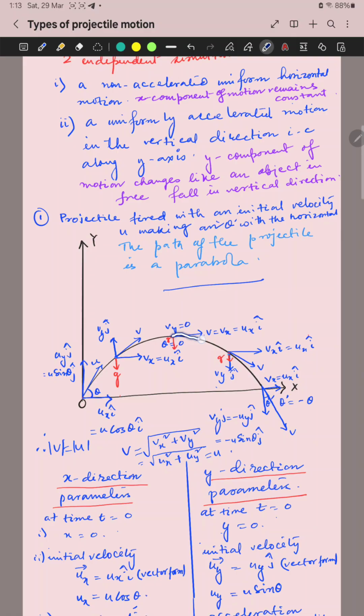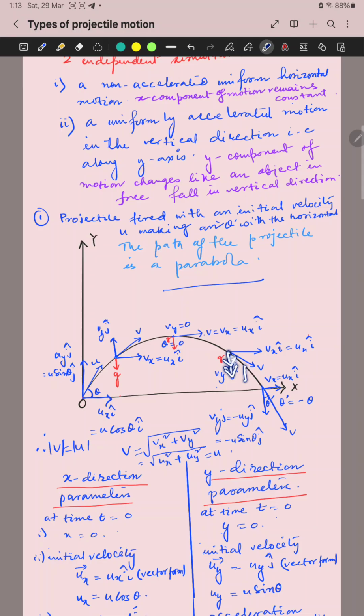Now when the body starts falling, suppose at this point its velocity is v. So v can again be resolved into two components, one along the horizontal and the other along the negative y direction. At this point, or any other point when it is falling, the direction of gravity and the body's motion are in the same direction, that is vertically downwards.